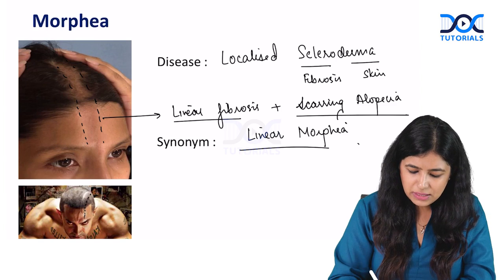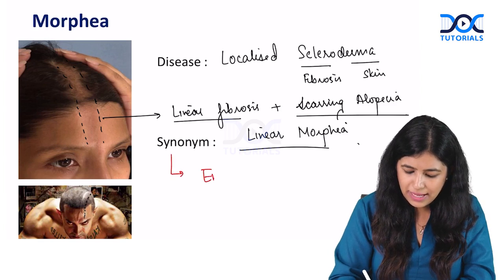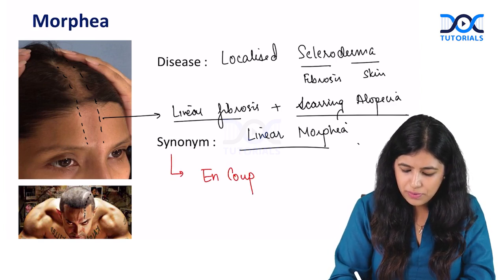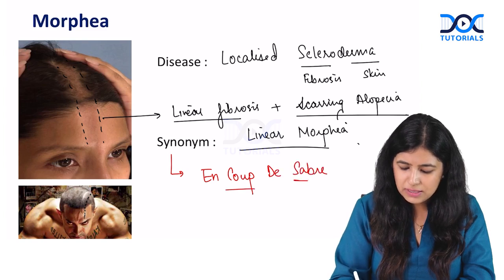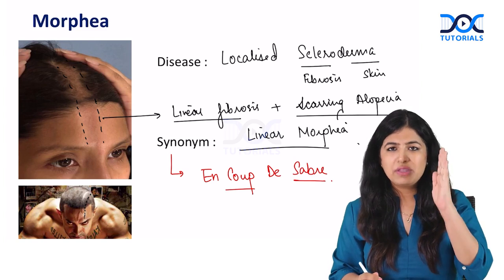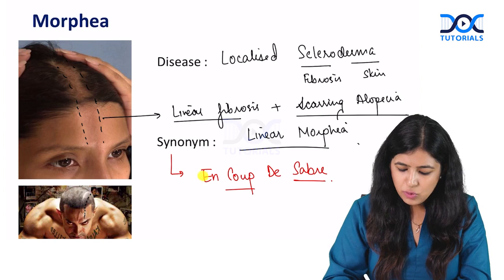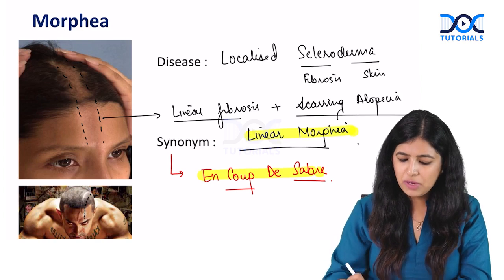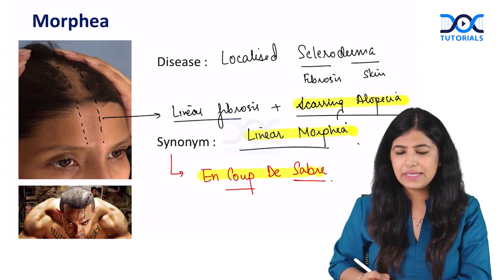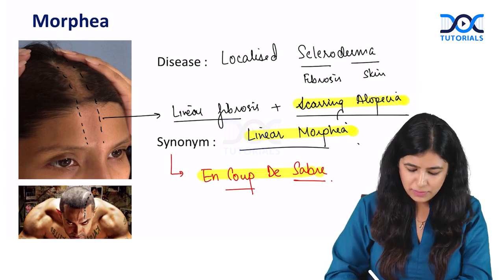Now, this gives it a clinical sign which is called as En Coup de Sabre, where coup means fight, sabre means sword. So, as if the patient has been hit with a sword. So, just remember, En Coup de Sabre is another name for linear morphea, which can cause a type of scarring alopecia.